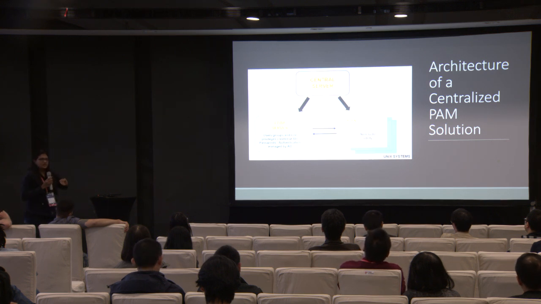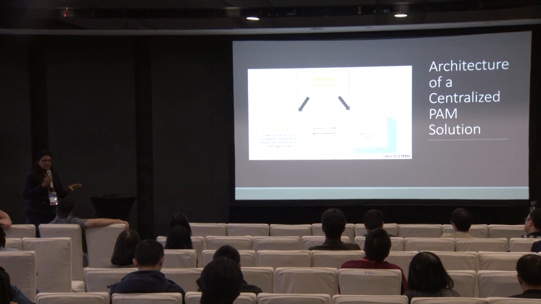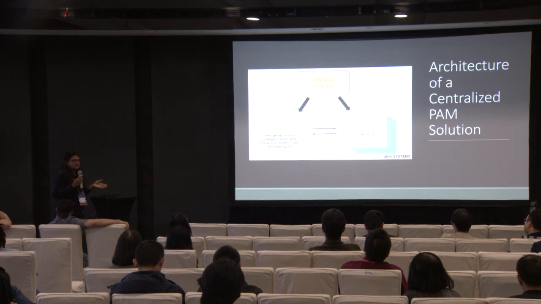So if you have these 10 systems and you want all 10 to have users A, B, C, D, where A should have SSH access, B should not have SSH access, C should be able to access something else, etc., all you have to do is go to the central server and put all those rules and definitions there, and it gets applied to all the other systems which are managed by the central server.